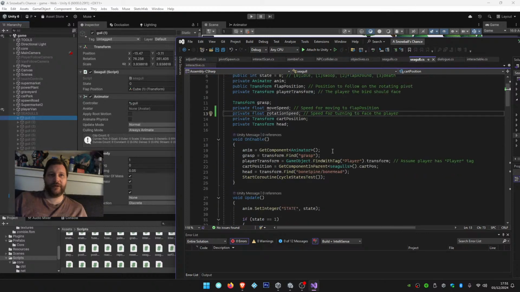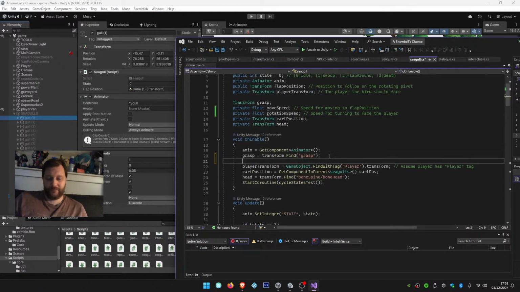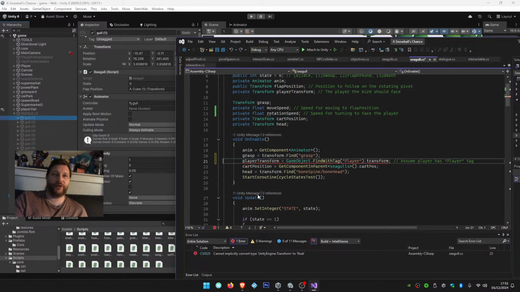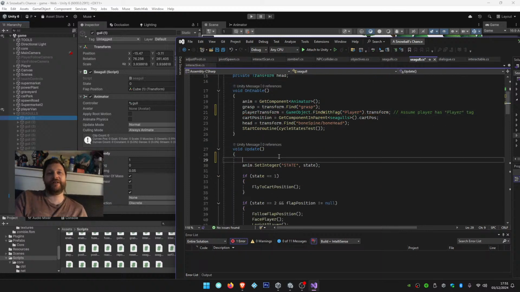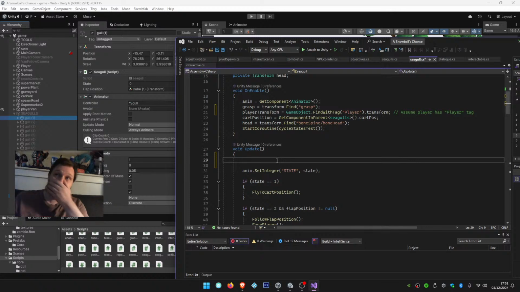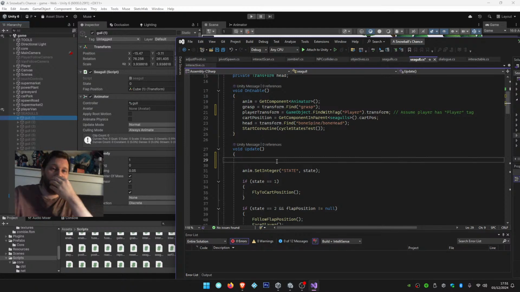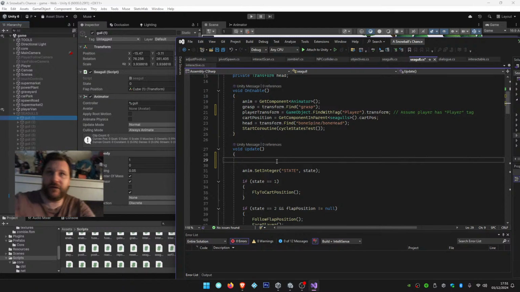So on enable we can say move speed equals, actually let's do this in update. The reason we should do it in update is we want to see it take effect right while we're tuning. So if you're trying to tune something and get a good feel for how the values are going to change the behavior, do it in update.